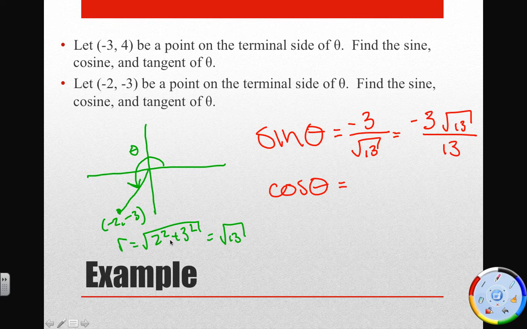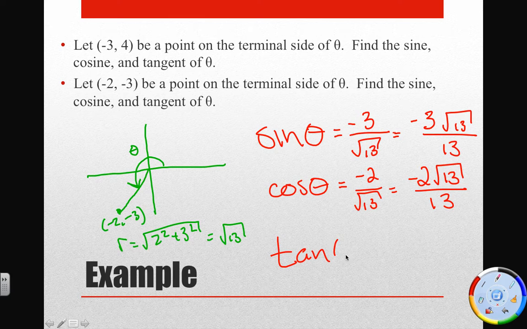Cosine of theta is the x coordinate over r, so it's -2 over radical 13, which again we simplify. And the tangent of theta is y over x, so -3 over -2. And simplify this, please, to 3 halves. So you'll notice here in quadrant 3 that sine was negative, cosine was negative, and tangent was positive.